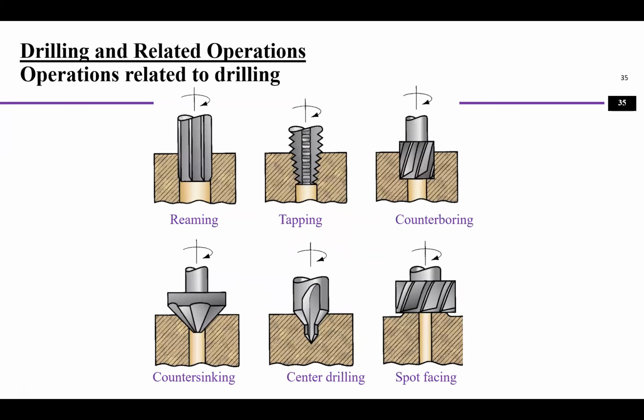And some of the operations you can do with drilling are, for example, reaming, tapping a hole, counterboring, countersinking, and creating center holes. Also you can do center drilling, and spot facing with drills.